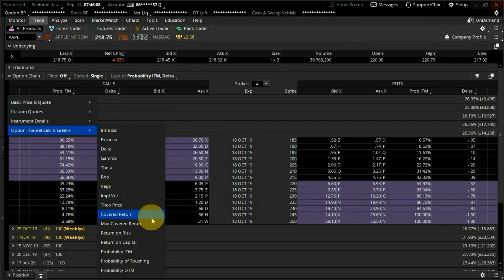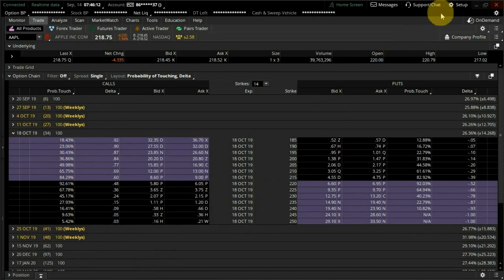Then we have what's termed probability of touching. Probability of touching is the probability that we touch, and I'm flashing on this, it's 45%. There's a 45% chance anytime in the next 34 days that we touch or exceed the 230 level.